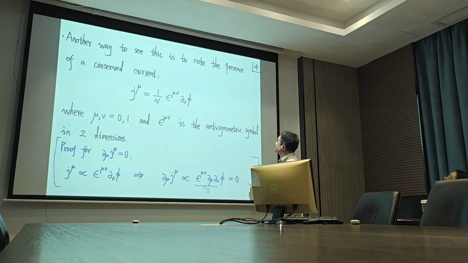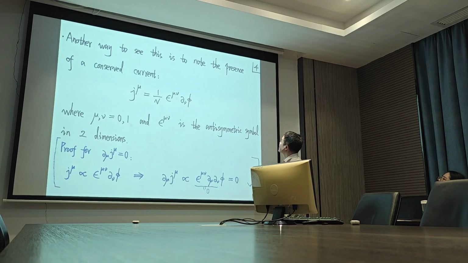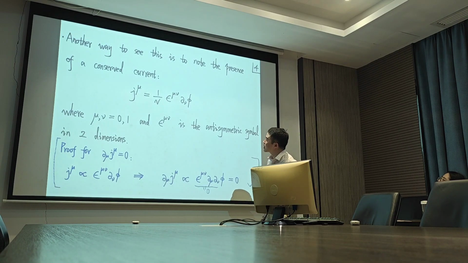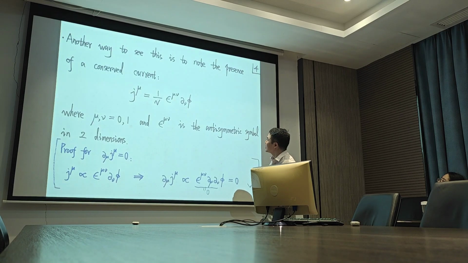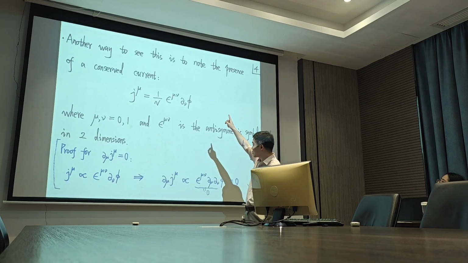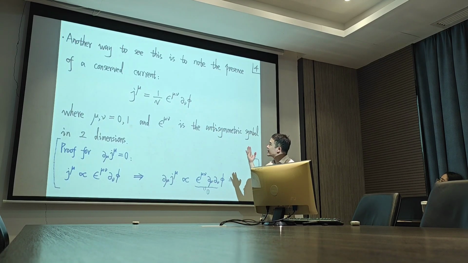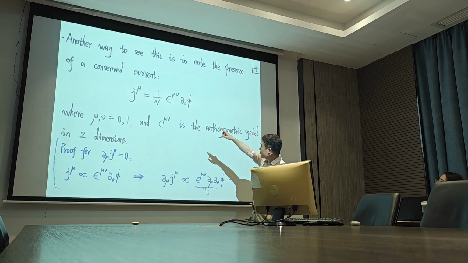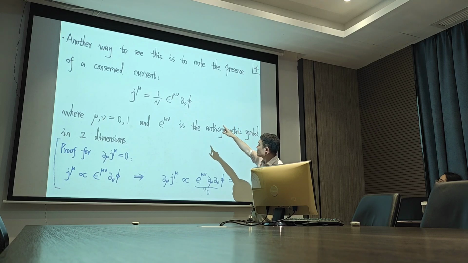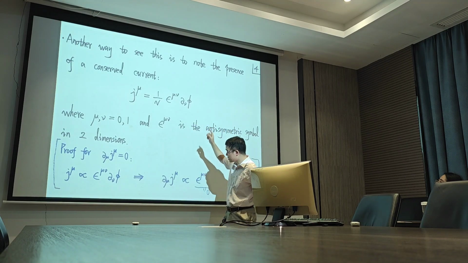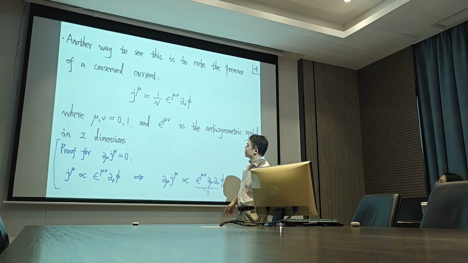Another way to see this is to note the presence of a conserved current. This current is conserved. It holds in any two-dimensional quantum field theory, because if we live in two dimensions, we can always construct such a current.